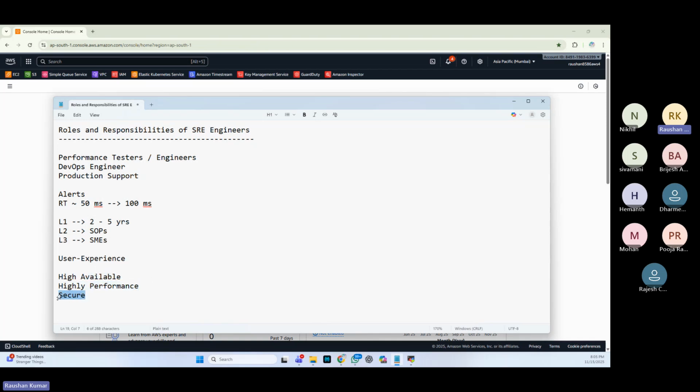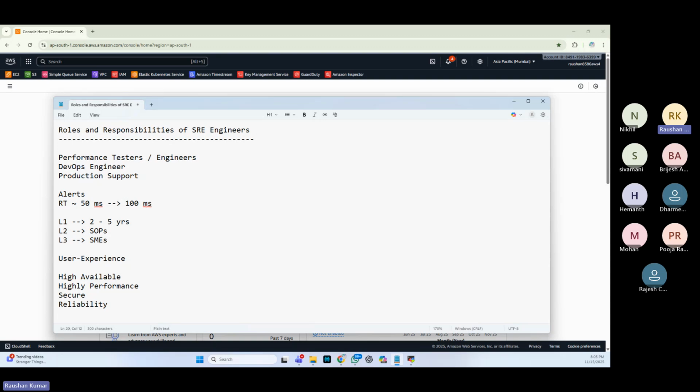So high availability, performance, security, reliability, right? One of the very important words that we have is reliable. What is reliability? See, issues will happen. How much ever we try, even Google, Amazon, AWS had a downtime. Every company can have a downtime. Issues will happen, failures will happen, but how soon do you recover?